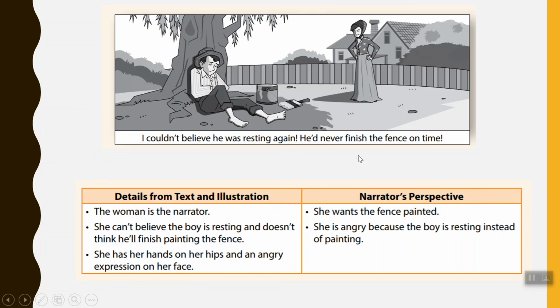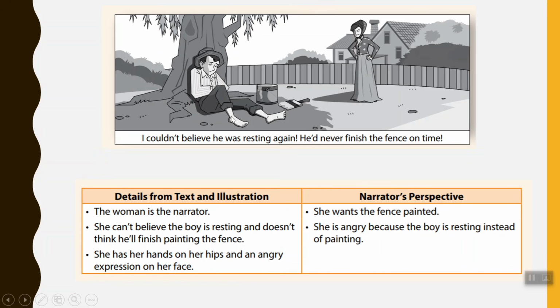So right now, we have no idea what the boy's thoughts and feelings are because the woman is telling the story. But if it changed and we got the boy's perspective, maybe he's resting because he's sick and he had to sit down because he was going to throw up, or maybe his head hurt so bad.